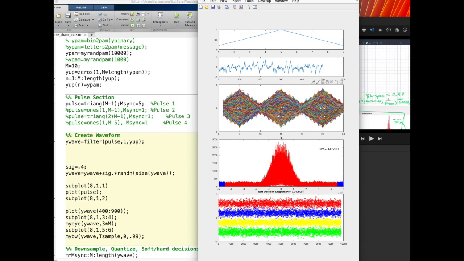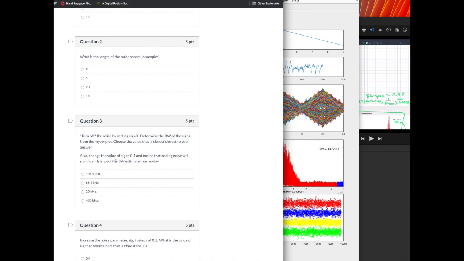The eyes are starting to look like they're closed, but on average, you only have a 1% probability of error. Actually, that's a significant probability of error for a communication system. Things would start being unreliable to a certain degree at that point. Okay. All right, so that's the value that we were wanting. Sigma equal 0.4 would be the choice on the quiz.